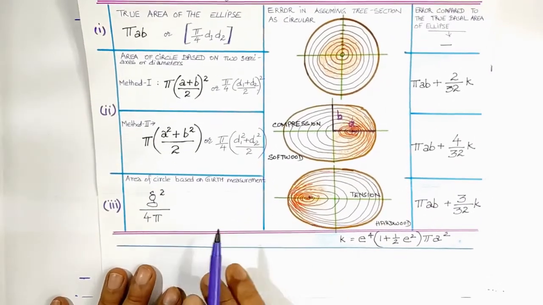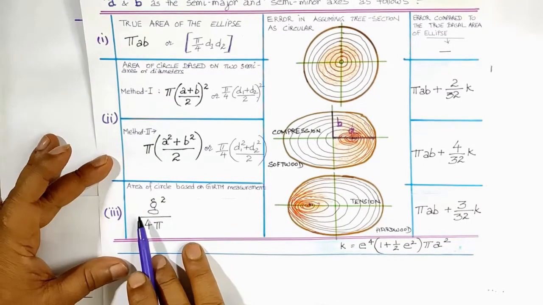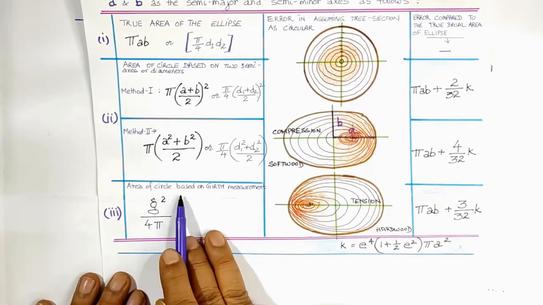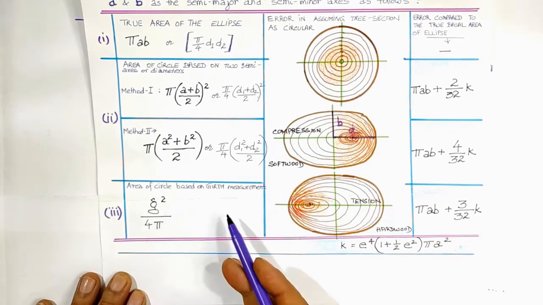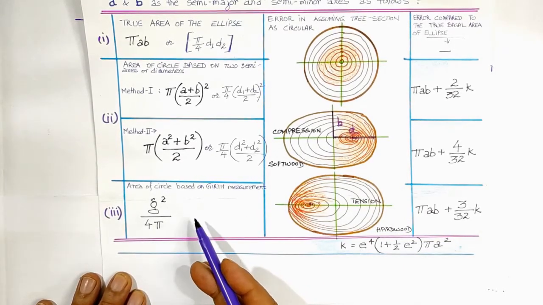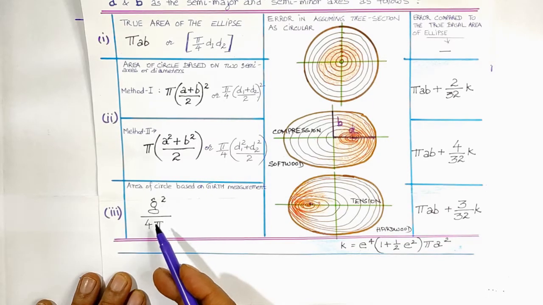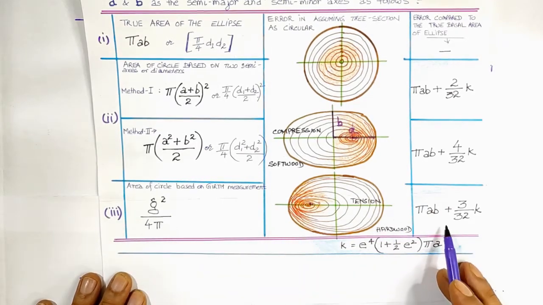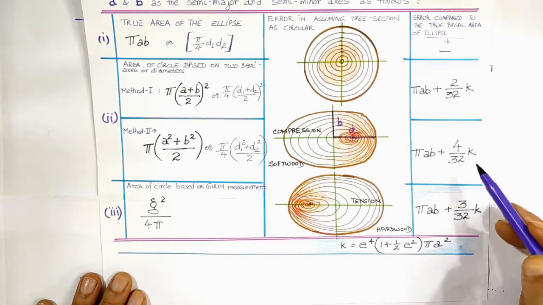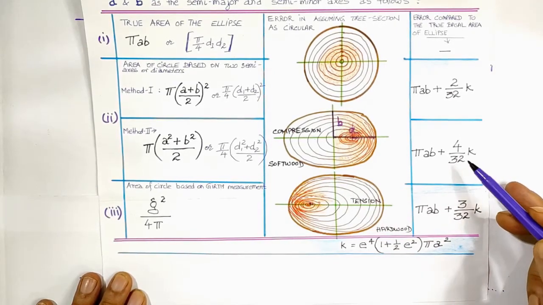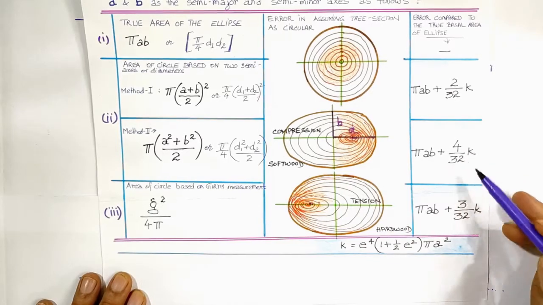The third one is girth. Now the area of a circle based on girth is very simple. G square divided by 4 gives the cross-section or basal area by girth. And you can see now the error is 3 by 32. So it is still less than method 2, which is 4 by 32.